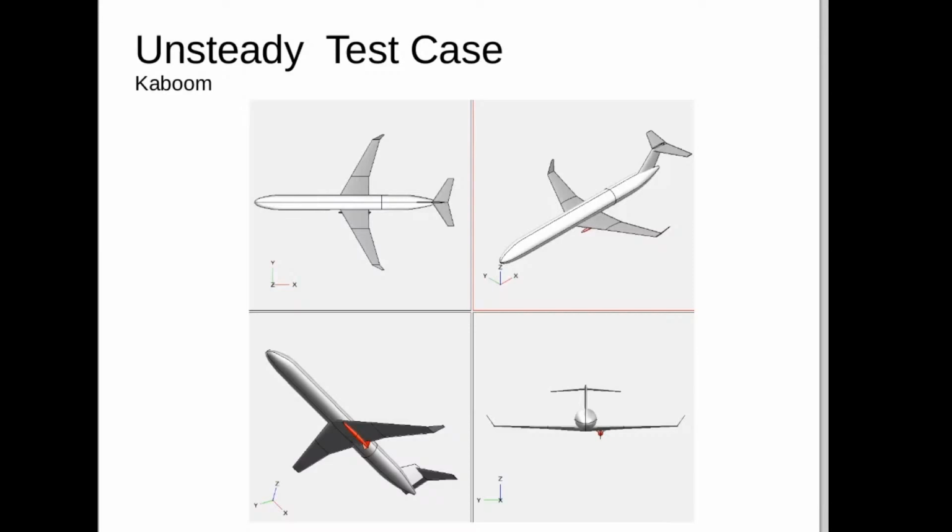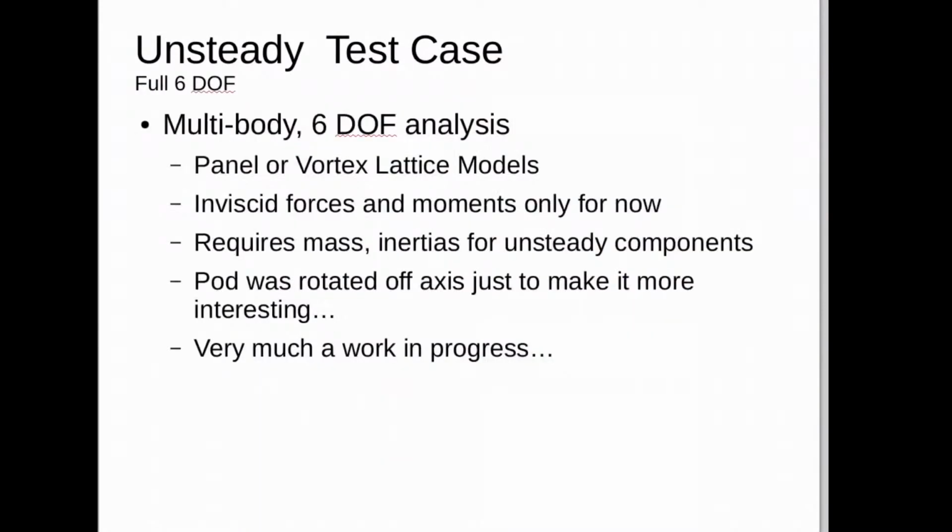We're already doing rotating geometry for the props. The way the code's set up, it doesn't really matter if it's rotating, translating, or a combination of the two. So I took the CRJ model that I had and used the pod geometry and threw some fins on, and you have that.